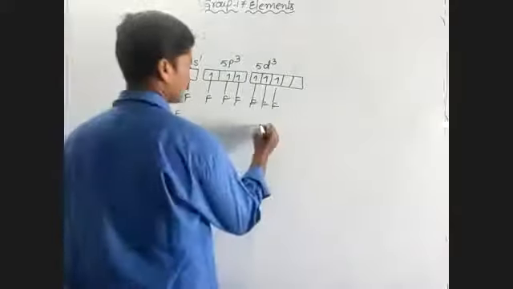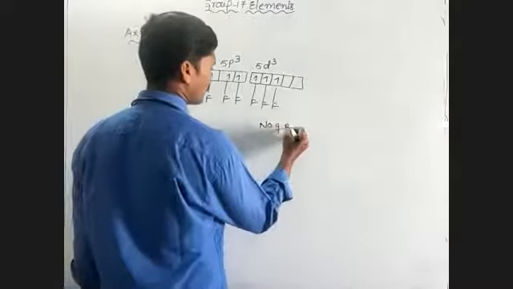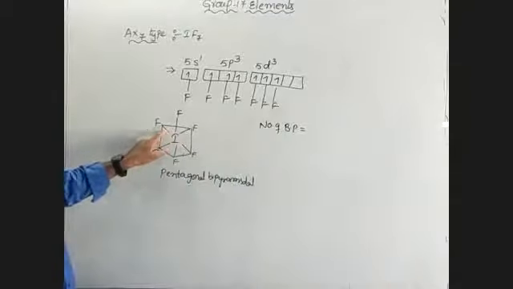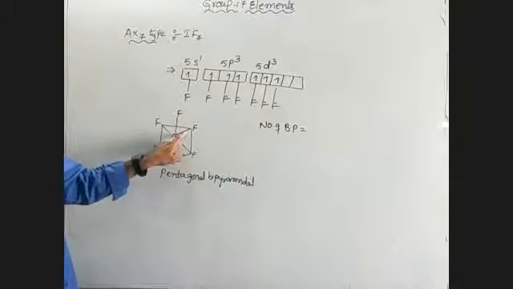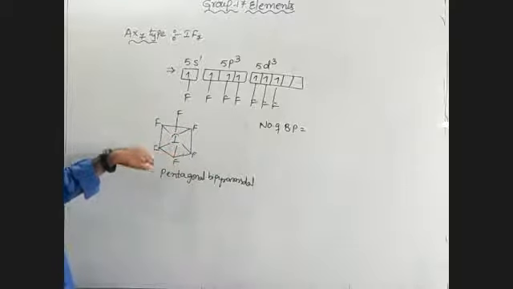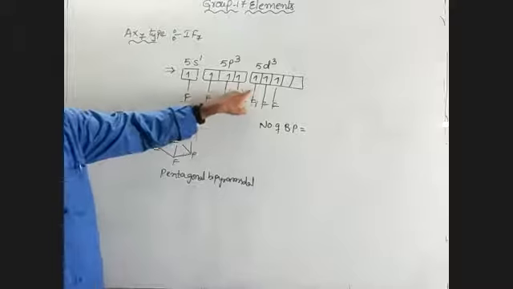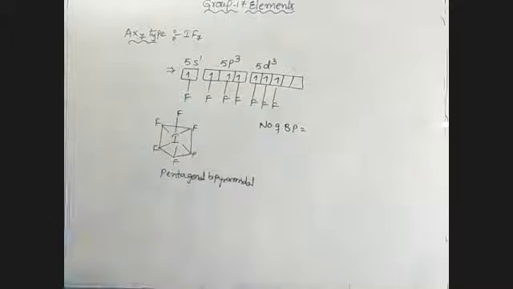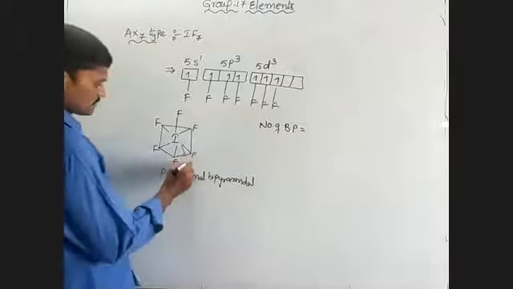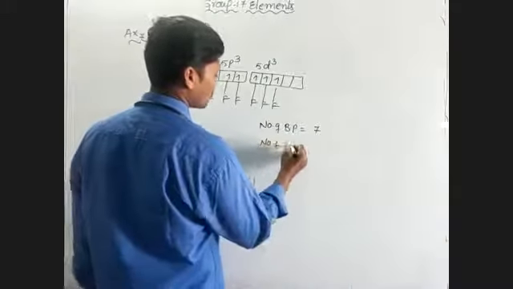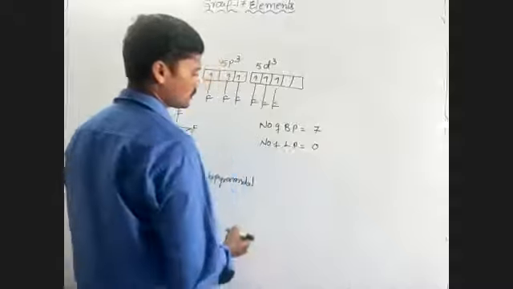Here, IF7 has 7 bond pairs. Number of lone pairs is 0.